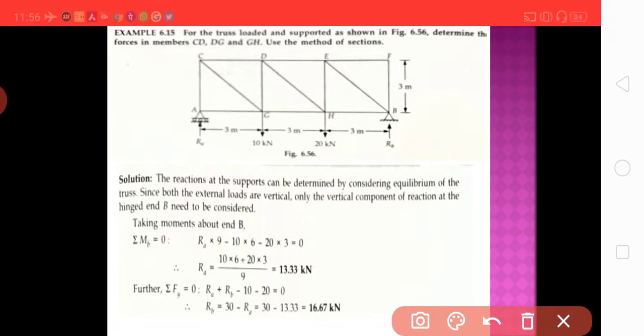So RA comes out to be 13.33 kilonewton, and then subtracting RA from the total vertical forces, that is 20 plus 10 plus 20, 30, we get 16.67 kilonewton at point B, RB.